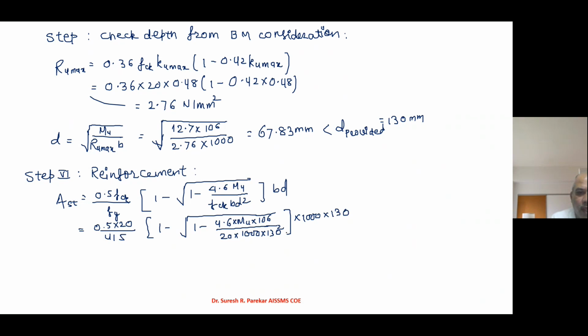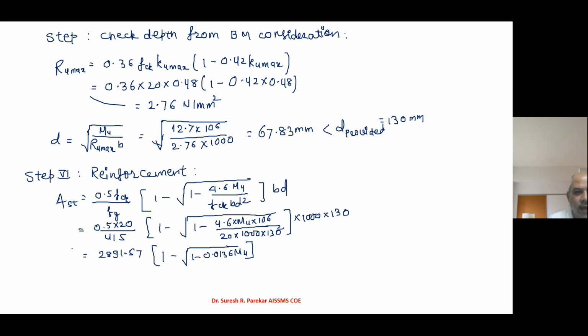Now if you solve this, I get this value as 2891.57 in bracket 1 minus root of 1 minus 0.0136 Mu.